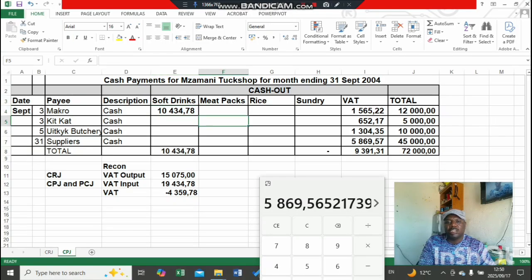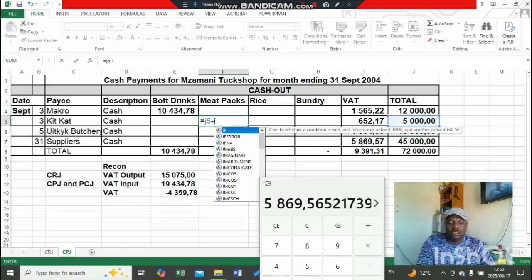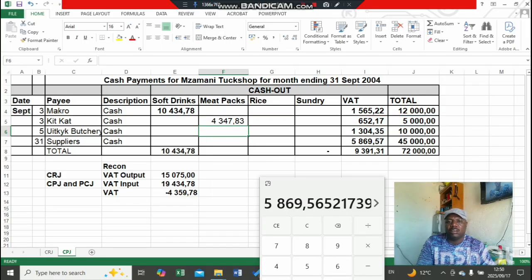I need to do the same for rice: J5 minus I5, that's the amount without VAT.